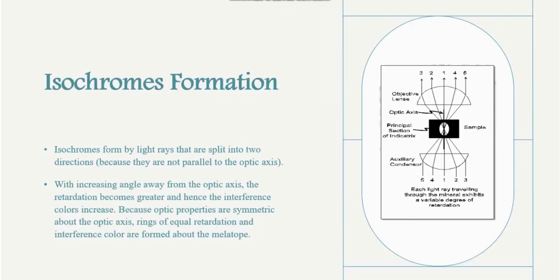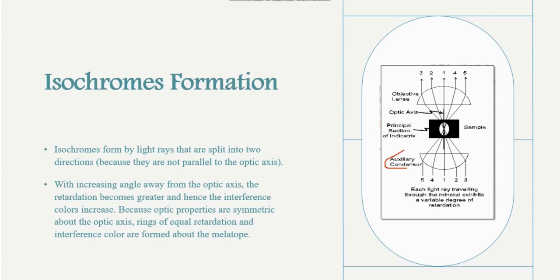So in terms of the isochromes, remember we need the light source, the light coming from the bottom, and after that we need the auxiliary condenser. This auxiliary condenser lens makes the light converge to the same point.